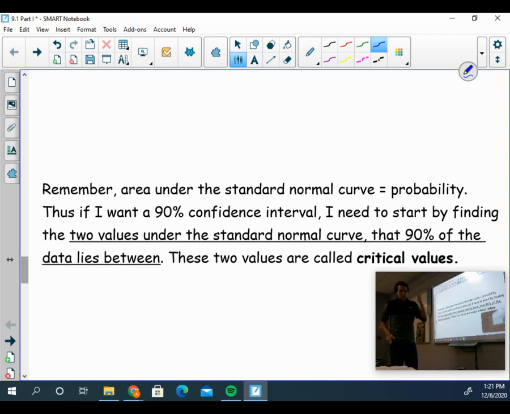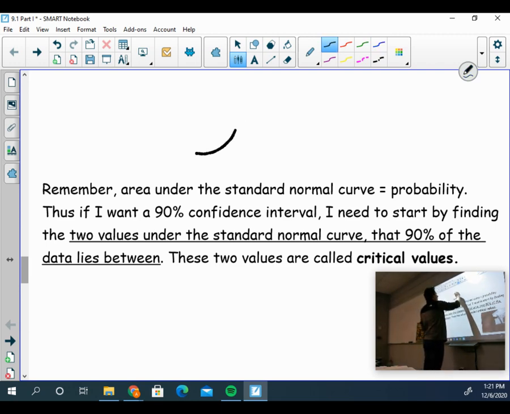So let's focus on the accuracy side of things. How are we going to come up with an interval that we know is accurate? Well, we're going to look more closely at the standard normal curve. And remember, the area under the standard normal curve equals probability.